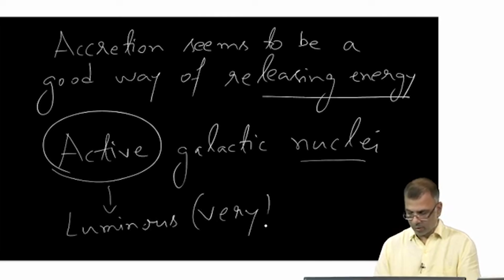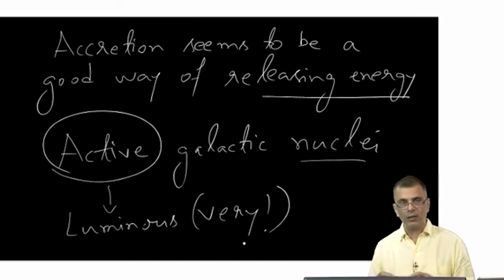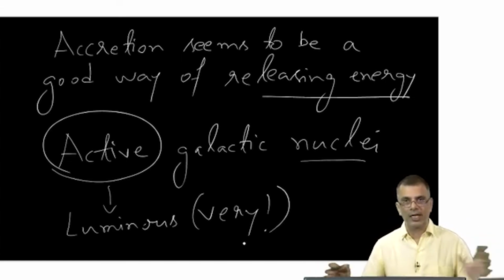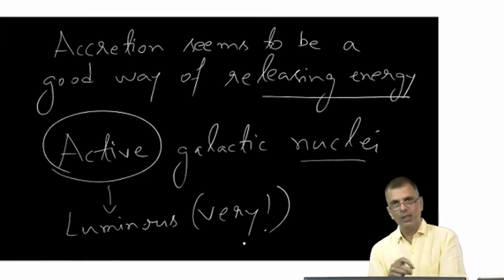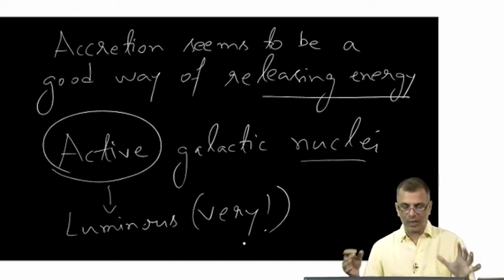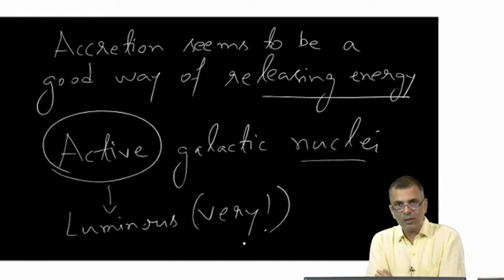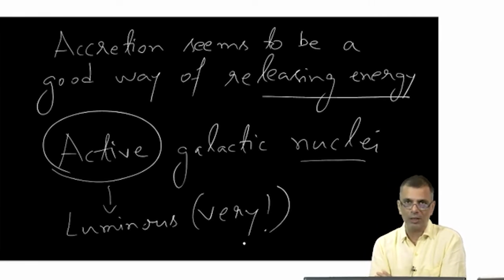They are so luminous that they typically outshine the entire galaxy. The photons from the nucleus dominate the entire galaxy. So naturally the question to ask is, what is causing the release of this enormous amount of energy?